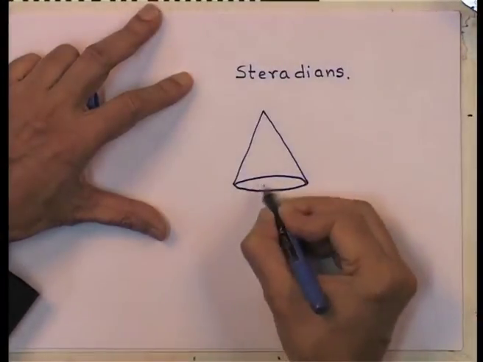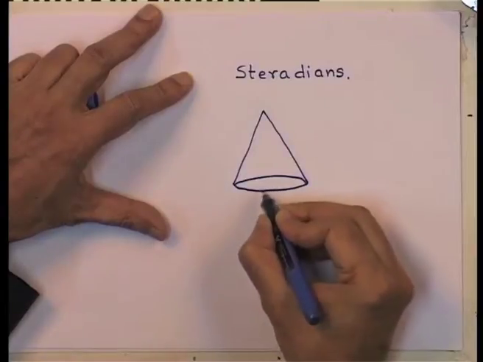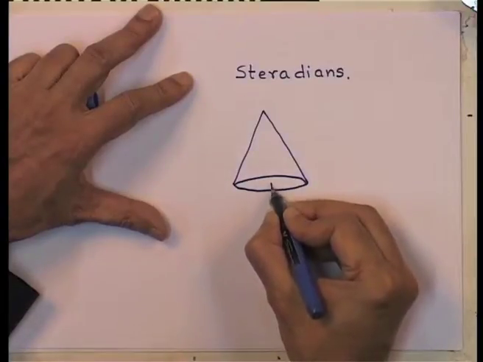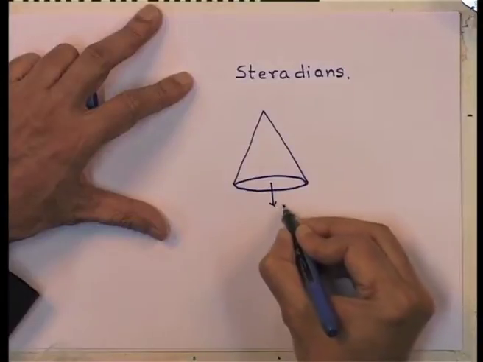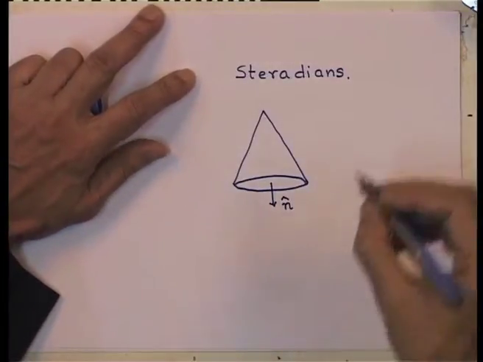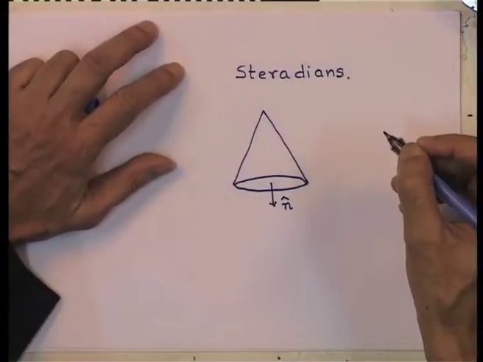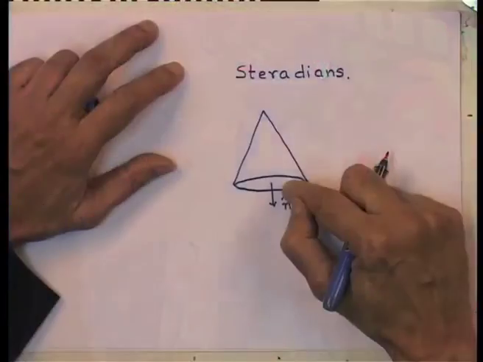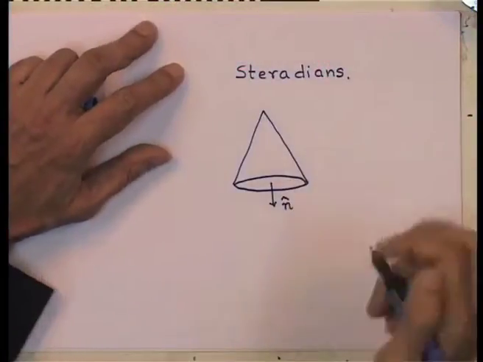There is a base there, and since we define n as the outward normal, that would be the outward normal of the base. Suppose I am interested in finding out how much is the flux through this base.